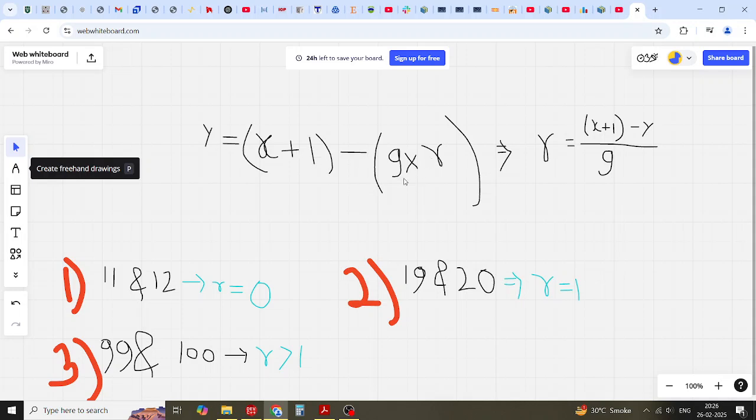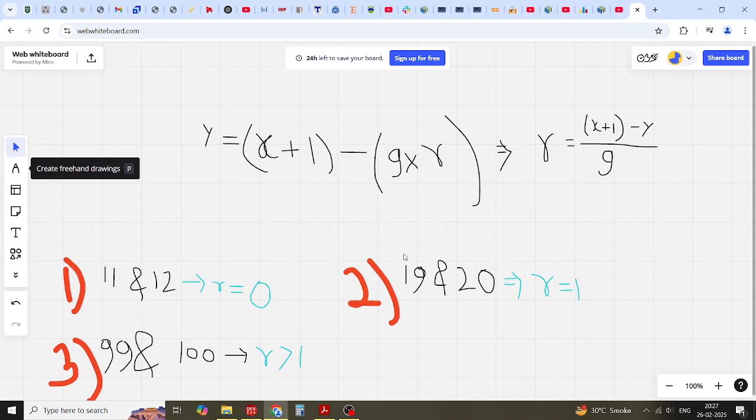So if you rearrange and try to find the value of r, it will look like this, and there will be three cases. One is the consecutive number, where you are adding 1 and getting the value. In that case r is equal to 0.